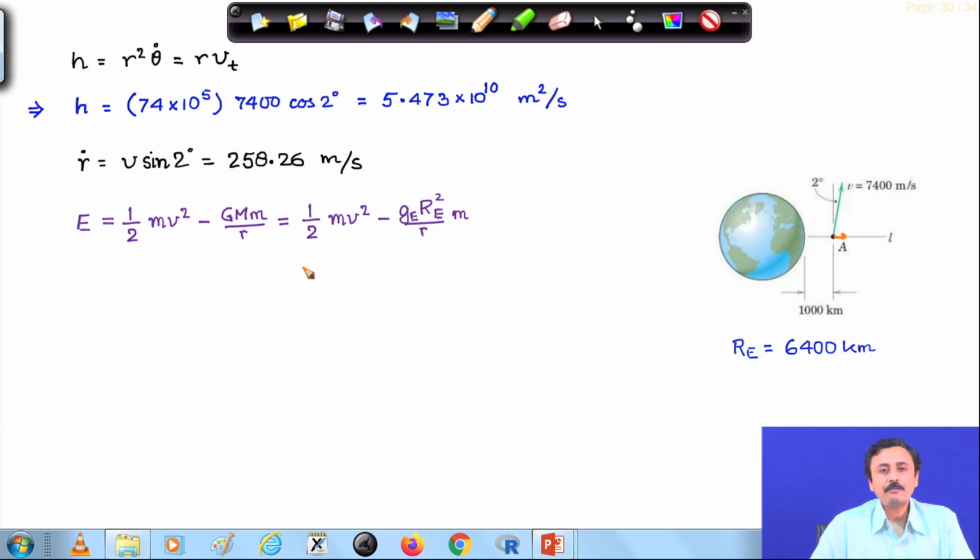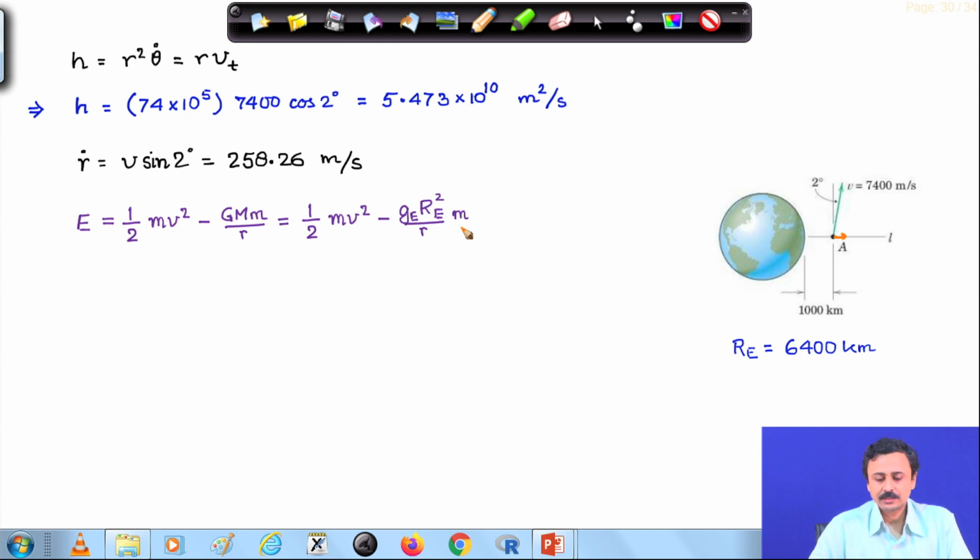Energy is half m velocity square, where this velocity square is nothing but v square, 7400 whole square: half times mass times v square minus G M m by r. This is the total mechanical energy of the system, and G M can be replaced as g R square, the acceleration due to gravity on the surface of the earth, times radius of the earth square.